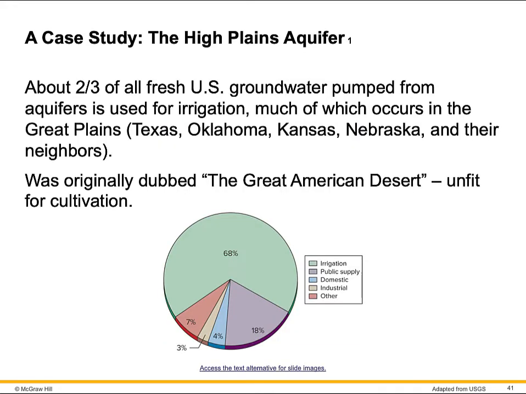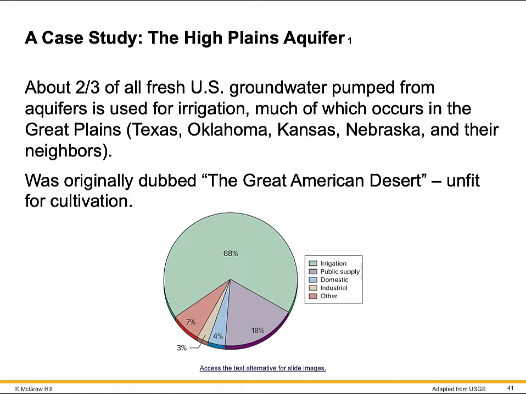About two thirds of all fresh U.S. groundwater pumped from aquifers is used for irrigation, much of which occurs in the Great Plains, like Texas, Oklahoma, Kansas, Nebraska, and all their neighbors. This was originally dubbed the Great American Desert, unfit for cultivation.